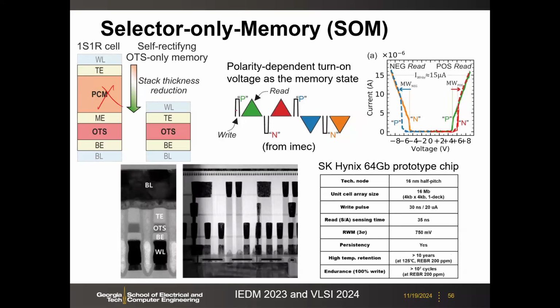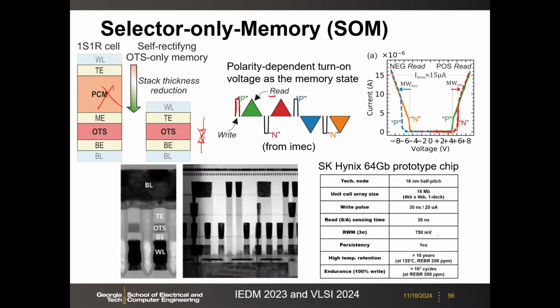Or in other words, let's put it this way. If you only have the selector, the turn-on voltage is the indicator of the memory state. If you apply a positive pulse to this selector and after that do the read operation, in the DC sweep, you sweep this.